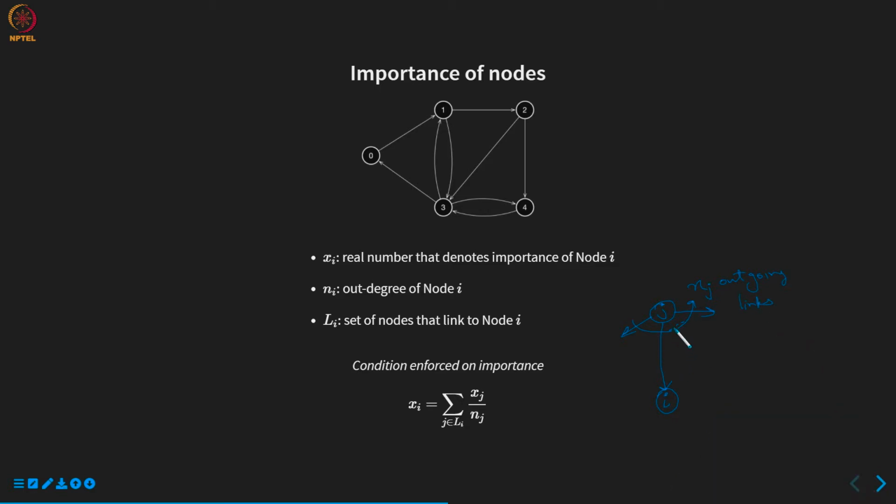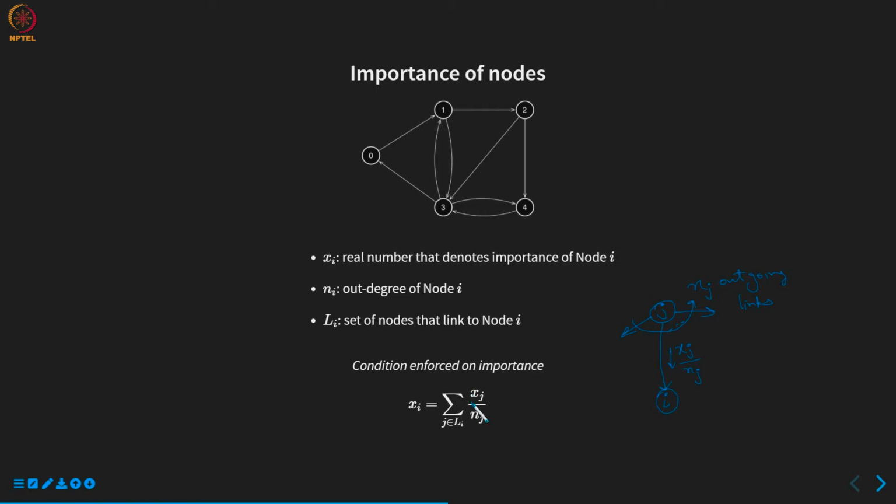So the importance that's flowing in here is xj by nj. The importance of node j itself gets divided by nj because it's linking to so many others. It's linking to nj other nodes. So xj by nj is the importance that node j is giving to node i because of that one link.